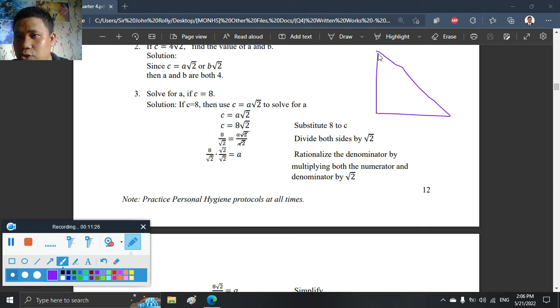So, again, let's assume that this is an isosceles right triangle. Mayroon kag isosceles right triangle kung ang angles nila, this one and this one, are both 45 degrees. So, 45 degrees na siya, diri pod 45 degrees pod.